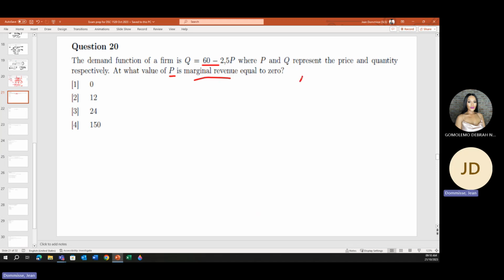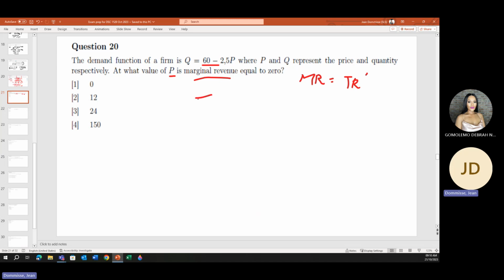Okay, so now we nearly skip to the last chapter where we need to see, okay, marginal revenue, that was where we needed to differentiate. So marginal revenue is actually, we need to differentiate total revenue.